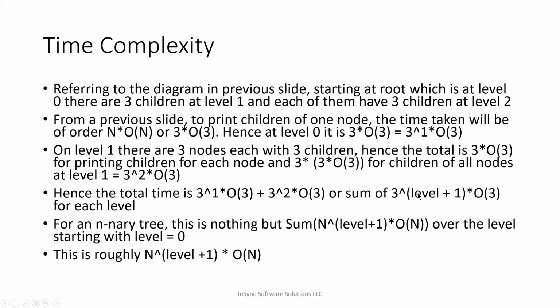That's nothing but 3 power level plus 1 into order of 3. So generalizing this for an N-nary tree, this is the sum of n power level plus 1 into order of n over all the levels from 0 to the number of levels. So you can see this is a large time complexity, almost exponential.